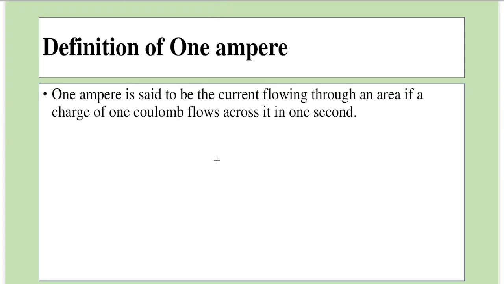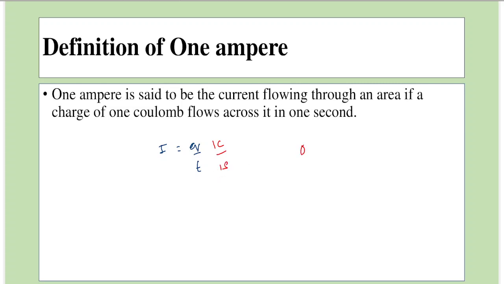Now let's define 1 ampere. We saw that mathematically current is given by charge by time. Now to define 1 ampere, what we can do is we can make charge as 1 coulomb and time as 1 second.